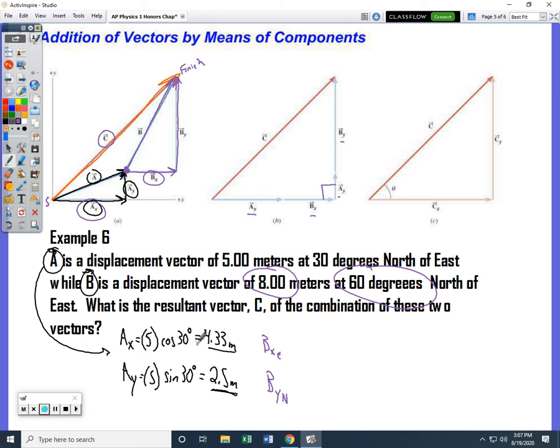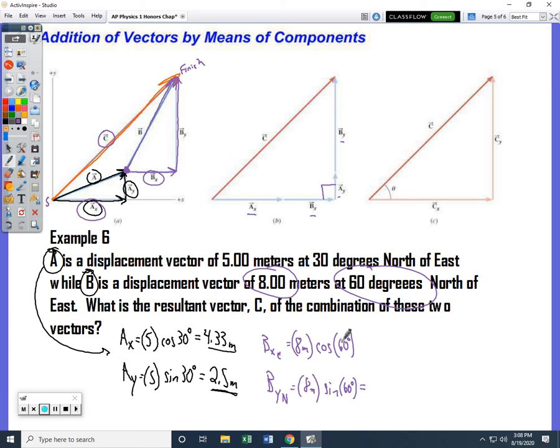So just like this is 4.33 meters east and 2.5 meters north based off of my original directions, I would do the exact same thing. I'm going to take my 8 meters and multiply by the cosine of 60 degrees, and then take my 8 meters and multiply by the sine of 60 degrees.